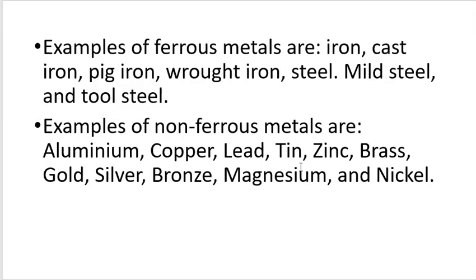Examples of ferrous metals are iron, cast iron, pig iron, wrought iron, steel, mild steel, and tool steel. Examples of non-ferrous metals are aluminum, copper, lead, tin, zinc, brass, gold, silver, bronze, magnesium, and nickel.